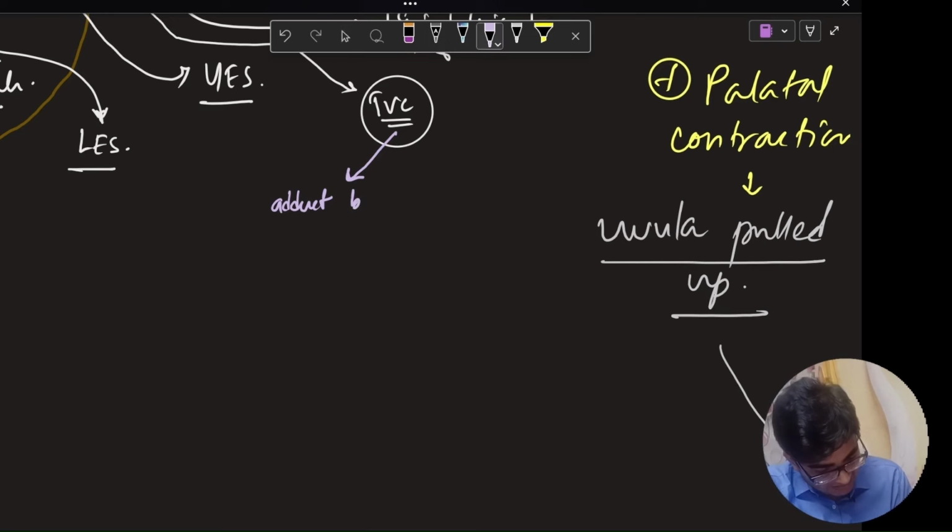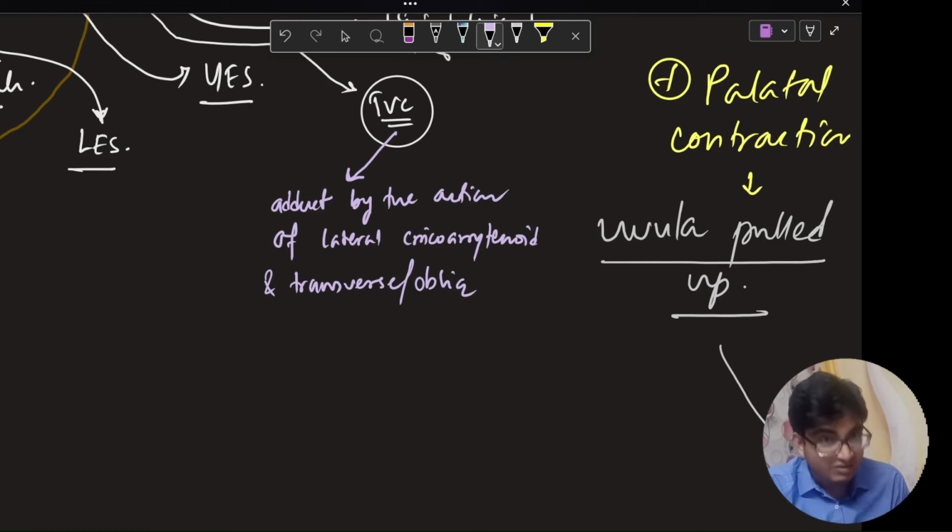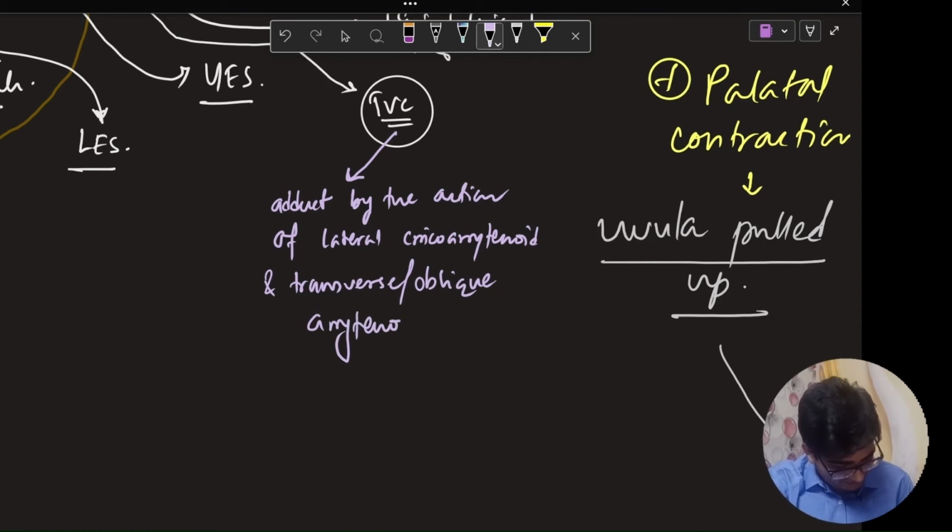So adduction occurs by the action of three muscles: lateral cricoarytenoid, and transverse and oblique arytenoids. Right? So this is the first part.